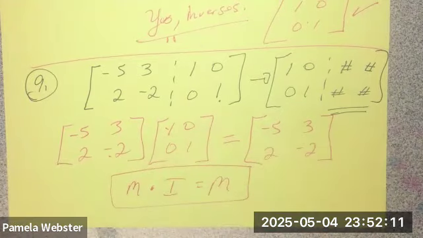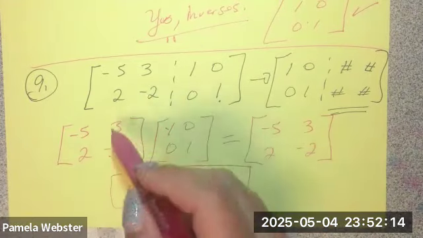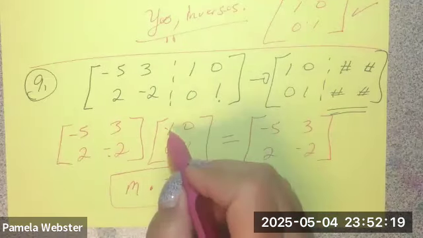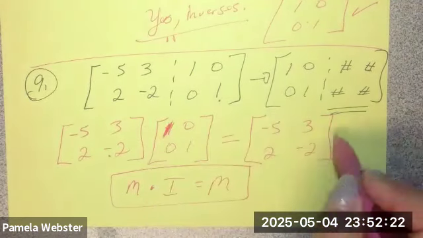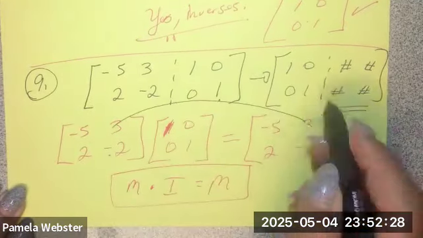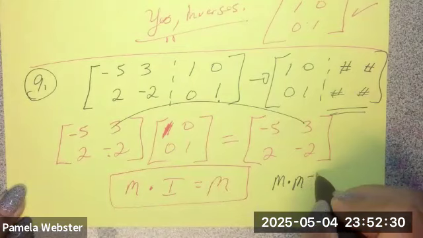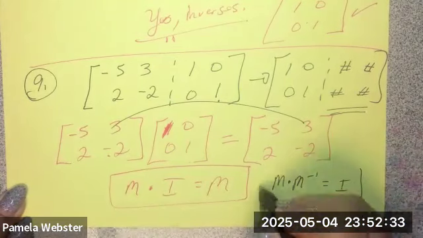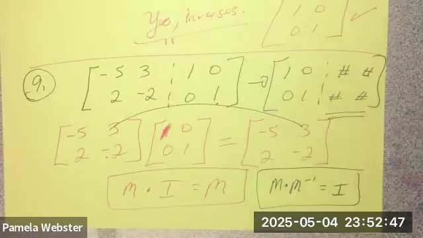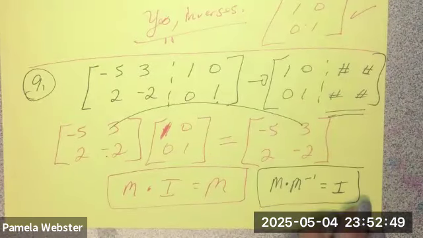Several of you multiplied these instead of augmenting. You need to augment that matrix. Several of you multiplied these, and sure enough, you got this back. And then when you multiply these two together, it should be matrix times matrix inverse gives me back the identity, but you didn't get that. And so you went, oh, this didn't work. But that's not because it doesn't have an inverse. It's because you multiplied it by the identity. So of course you got the same matrix back. Just be careful about that.